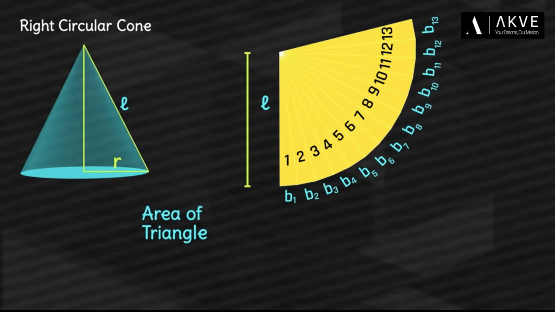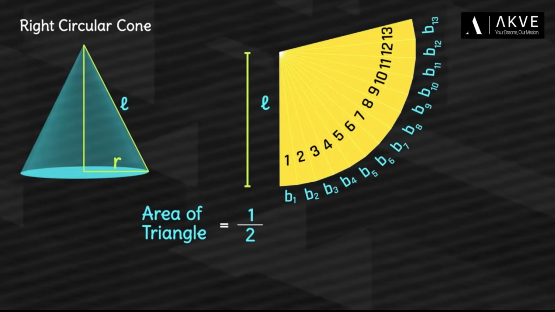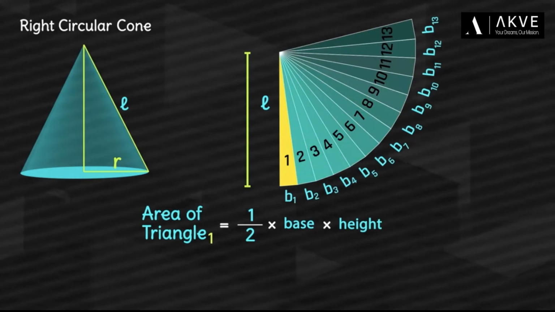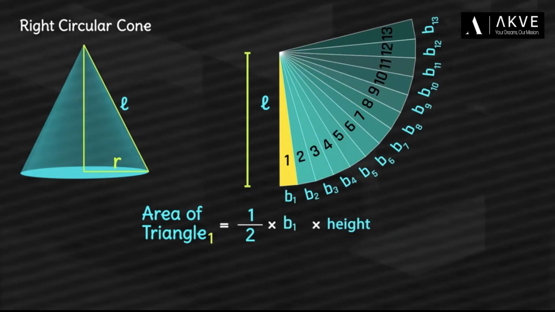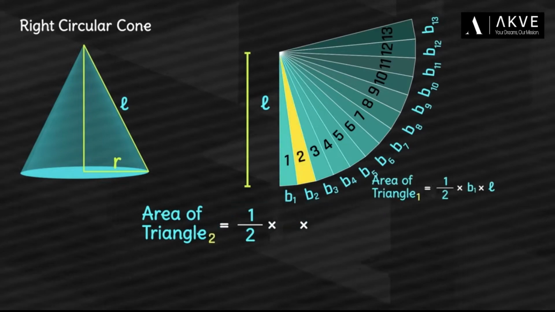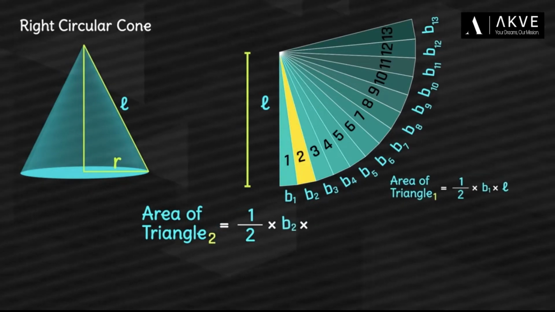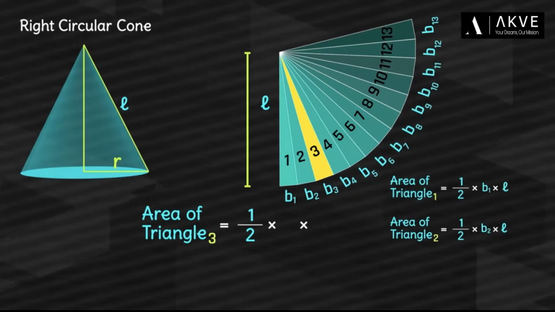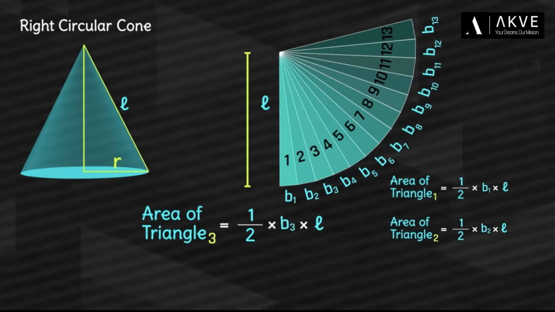We know that the area of a triangle can be very easily calculated using half into base into height. So, using this formula, the area of this triangle would be half into B1 into L. That of this triangle would be half into B2 into L. That of this triangle would be half into B3 into L, and so on.